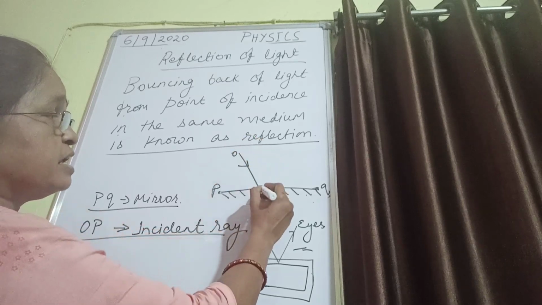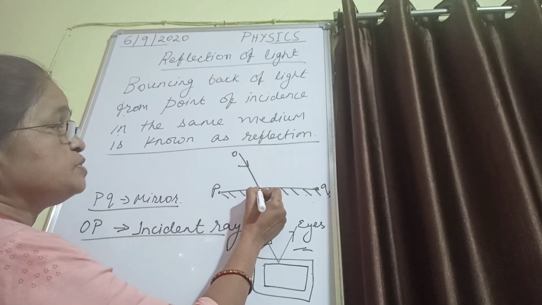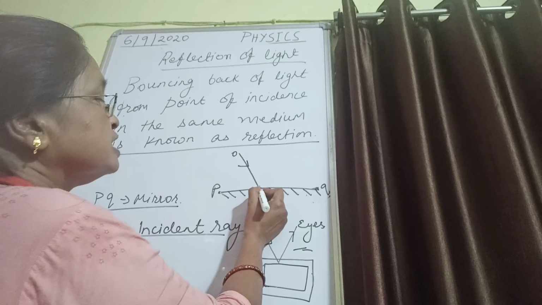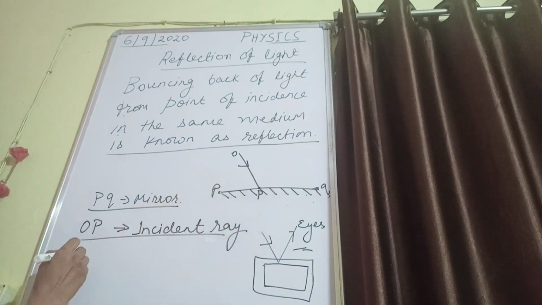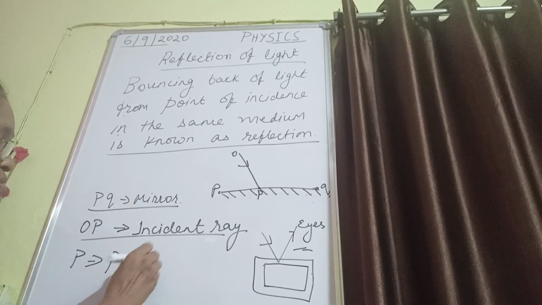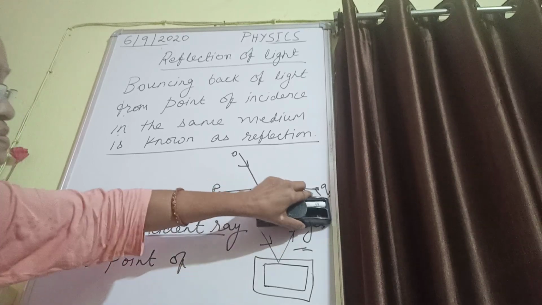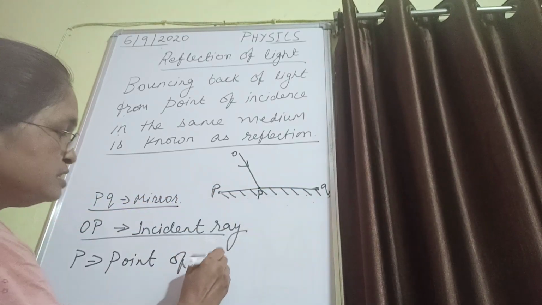The incident ray which strikes the object at a certain point, this point is known as, I am writing over here, P, point of incidence.